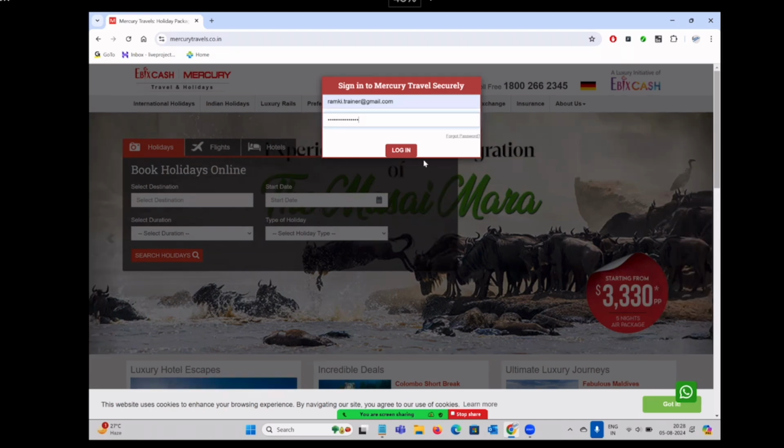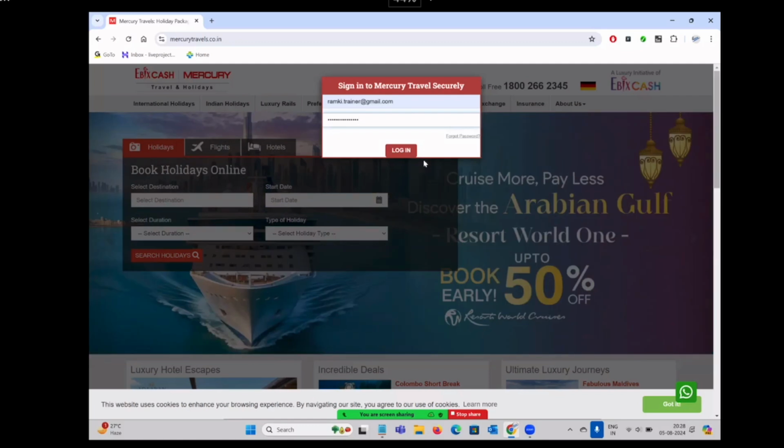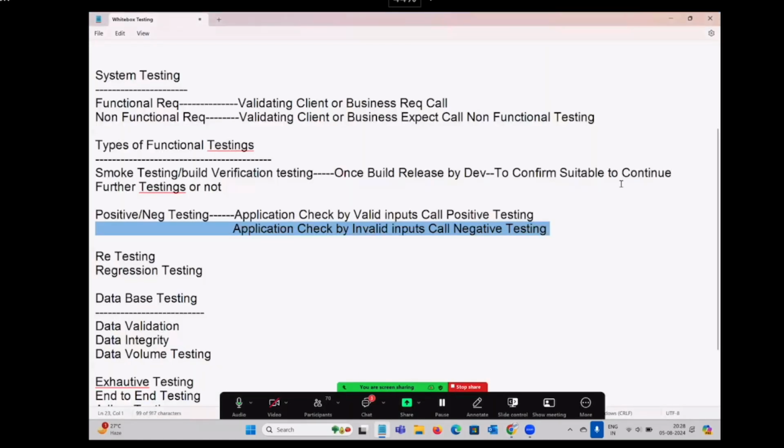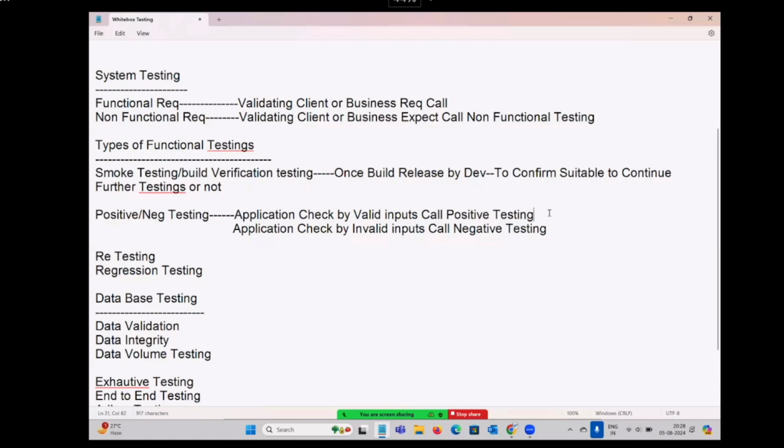So why are we going to negative testing? Because to find defects. In the interview they will ask, so I'm writing here: purpose of positive testing, in brackets, to confirm customer requirement. Negative, to find defects. To confirm customer requirement, they conduct positive testing, and to find defects, perform negative testing.